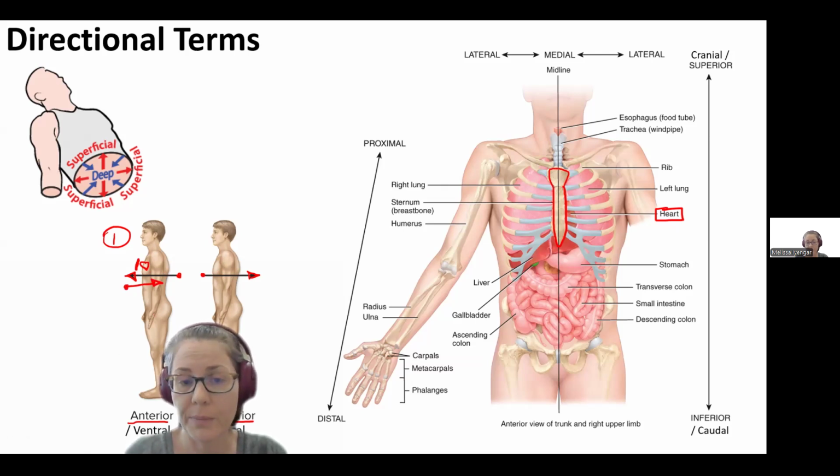Because humans are bipedal, meaning we stand on two legs, our anterior surface, which is technically our face, and our posterior surface, which is technically where our gluteal area is, are on the same surfaces as where our belly is and our back. The belly is known as the ventral surface.